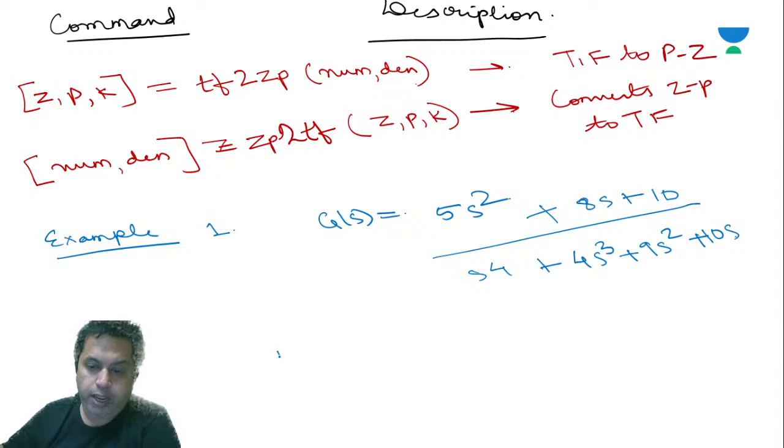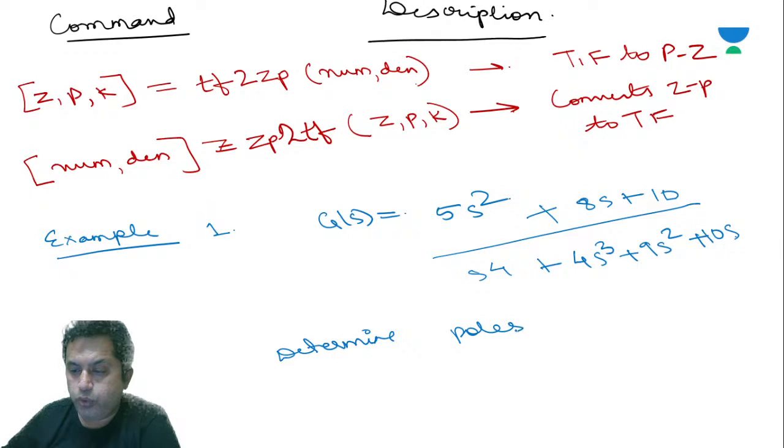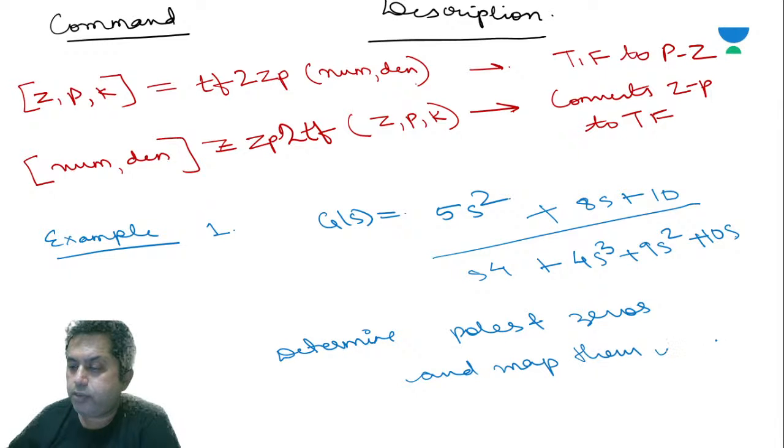So determine poles and zeros and map them in the S plane.